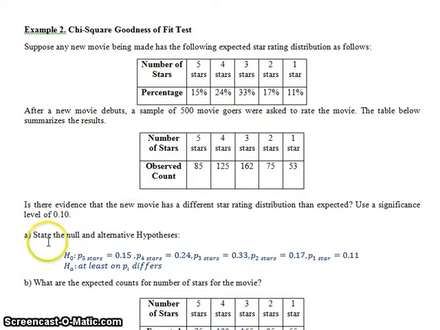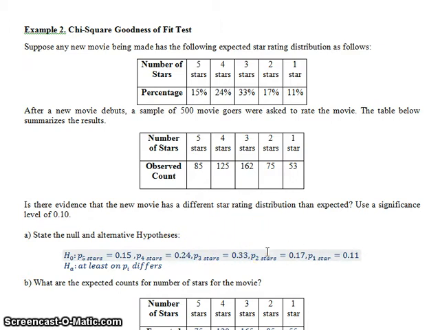So the null hypothesis for a goodness of fit test is that each proportion is equal to some value. In this case, the proportion of 5 star ratings should be 0.15 or 15%. The proportion of 4-star ratings should be about 24% or 0.24. The proportion of 3-star ratings should be 0.33.